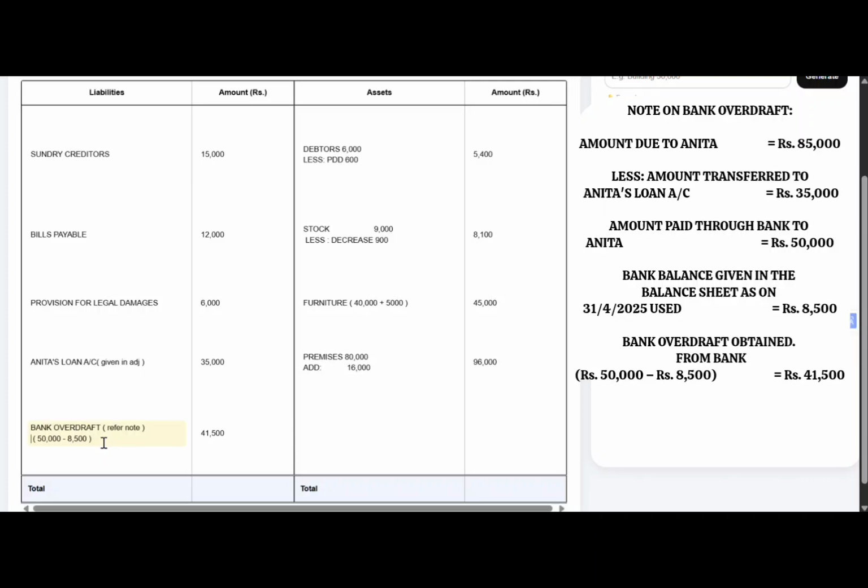Since there is no sufficient amount in the bank account, we are going to pay Anita through the bank overdraft, that is 41,500. The actual balance amount to be paid through bank is 50,000, but we have some amount in the bank account, that is 8,500. We have to take that amount and deduct it from 50,000. So the remaining amount, since there are no sufficient funds, we are paying through bank overdraft. That is 41,500 for the retiring partner.